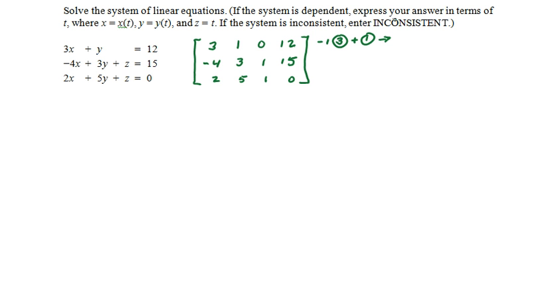This is actually going to give us a 1 in the first row, first column, which we will want for further processing. I'm also going to take 2 times row 3 and add it to row 2 to get a 0 in the first column's second row.